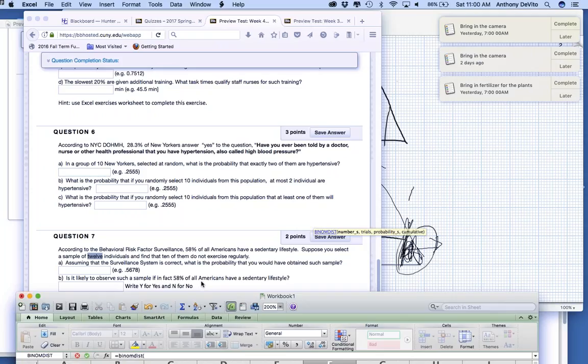If it's a low percentage, I would say probably the answer is no. If you get a high percentage, then I would say the answer is yes. So really, it's just asking you to take a look at your answer there. Did it come out to be 90%, or 2%? That would tell you how to answer part B. Make sense?